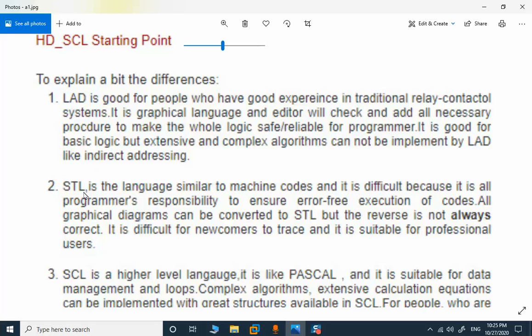If you want to use STL, you need to know all of those mechanisms. You should use them by yourself. As an example, ENO will help you make sure that the output of the function block or a function is calculated legally. In STL you need to check that internally by yourself.